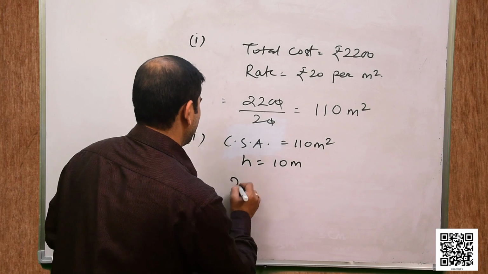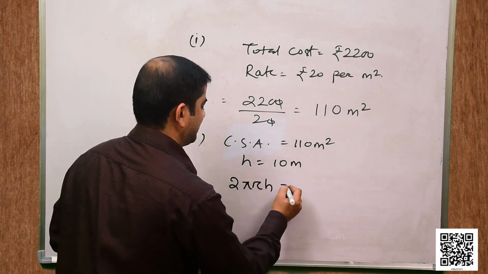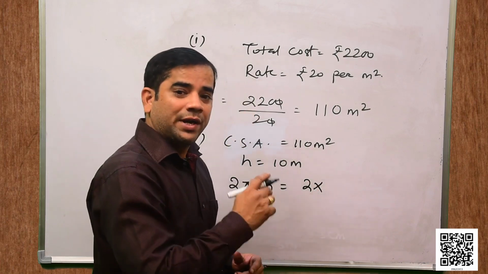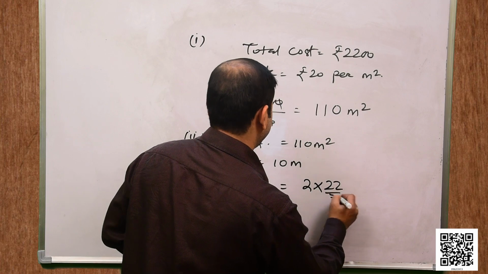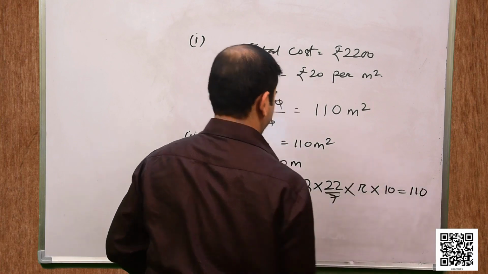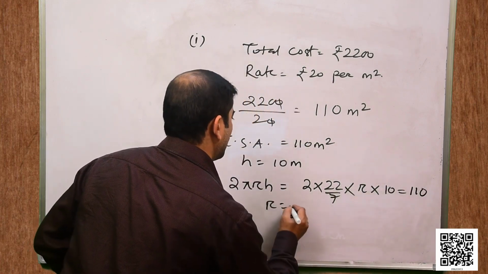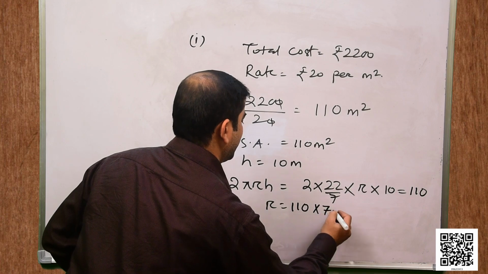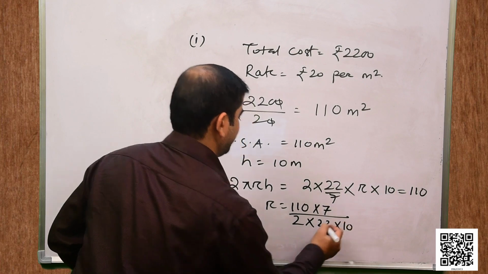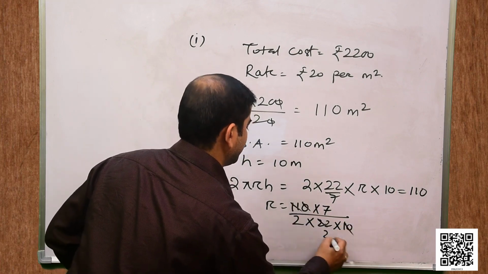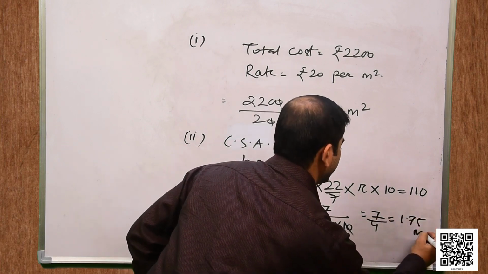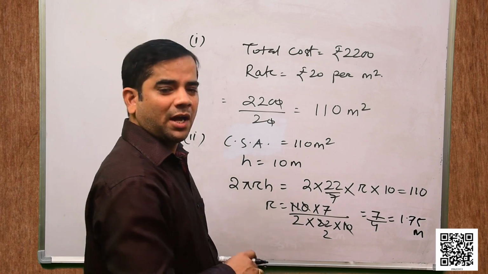That is 2 pi r h, that is 2 into 22 by 7 into r into 10, that is equal to 110. So, r is equal to 110 into 7 divided by 2 into 22 into 10, that is 7 by 4, 1.75 meter. So, this is the radius of the base.